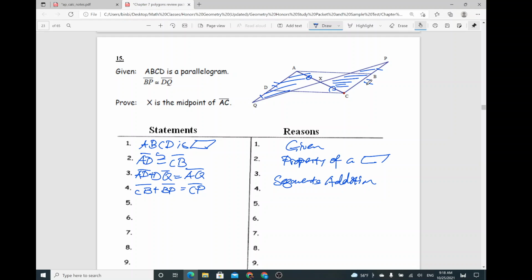And what else can we show here? The angle. Angle QAX, or angle DAX, the same angle, is congruent to angle PBX or BCX.